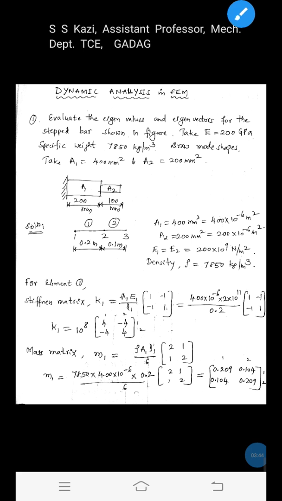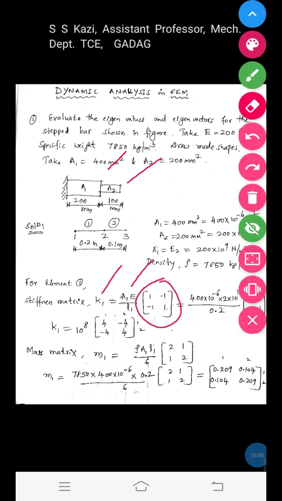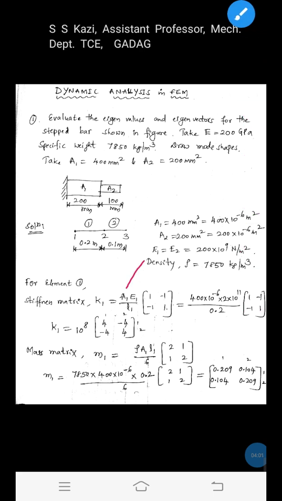Now next, let us generate the global stiffness matrix by generating the stiffness matrices for both the elements. K1, we know that for the 1D bar the stiffness matrix is given by AE by L into 2 cross 2 matrix 1 minus 1 minus 1 1. Now let us substitute the area of the element 1, Young's modulus of the element 1, and the length of the element 1 as we have discussed here, the data.